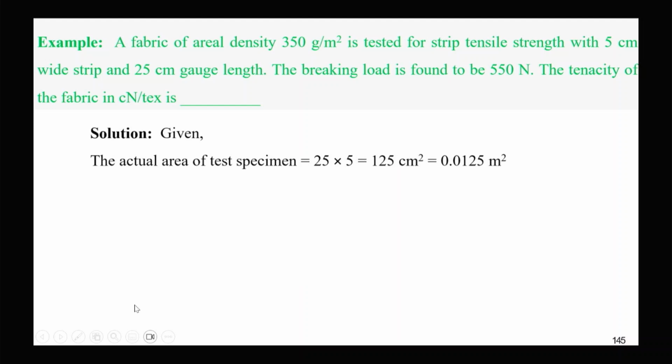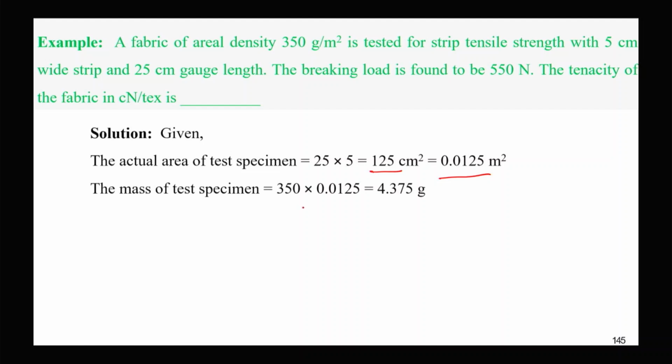So you can see the actual area is 125 centimeter squared, means 0.0125 square meter, and 350 gram per square meter. So the mass of the test specimen is 4.375 gram. That is the mass of the test specimen.